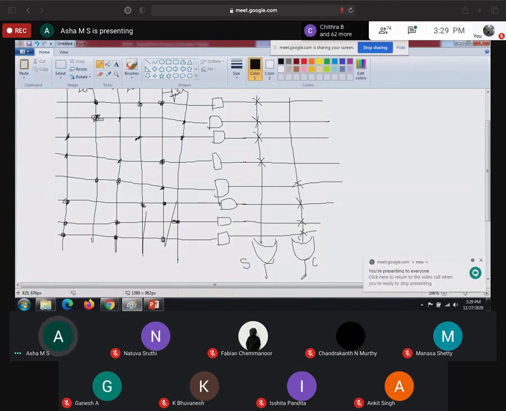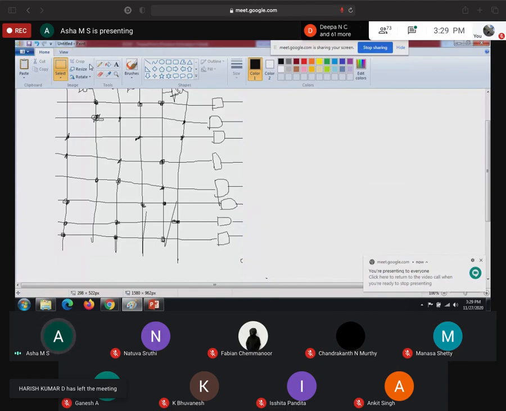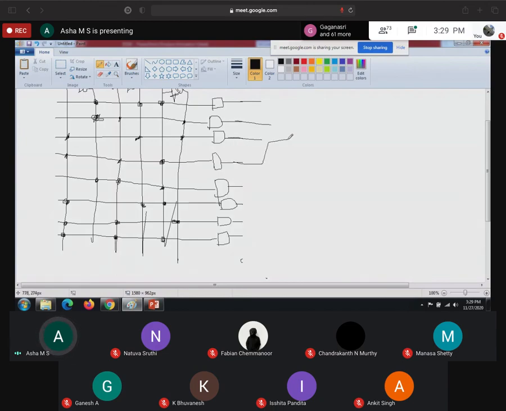When you write the OR gate at the bottom, you use the X. Suppose we don't want to write the OR gate at the bottom and we write it continuously, then there is no need to represent with X; directly you can take it. Everything depends on the way you represent it.